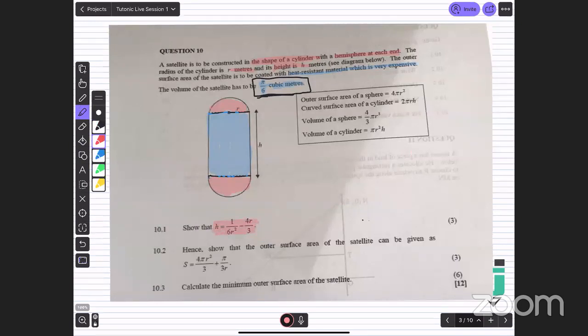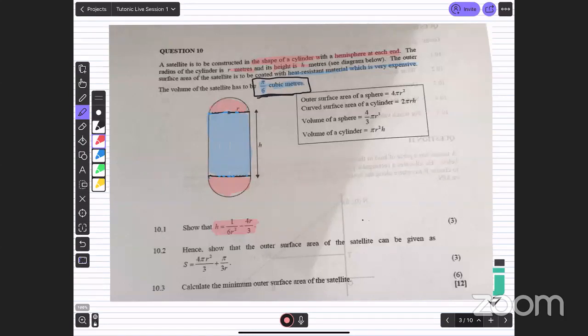Does anybody remember why we said we must find h first? Because then you can substitute it into the other formula for the surface area. Then there won't be an h, because you won't have any other variable.